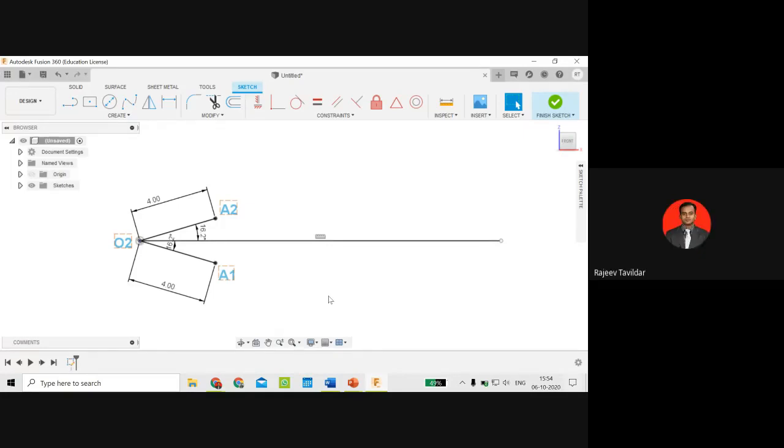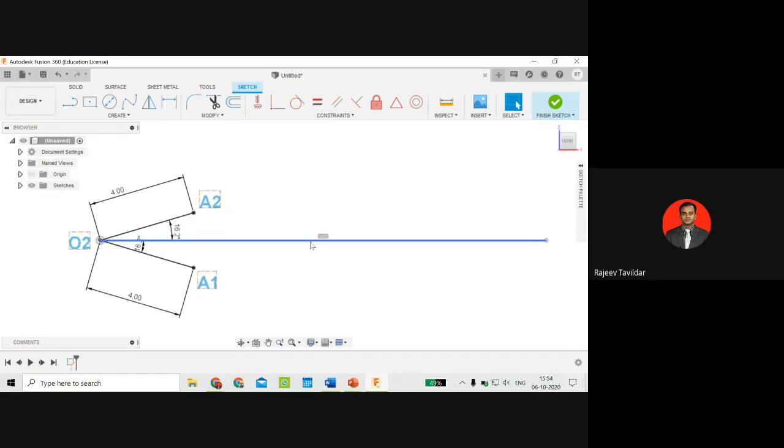Now, I need you guys to give me a solution here. What exactly I need, I'll just draw it and show it to you. I'll just delete these dimensions. Okay.